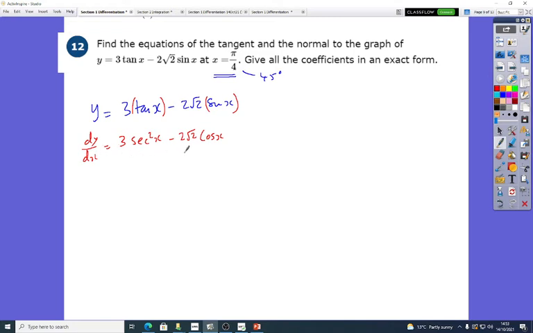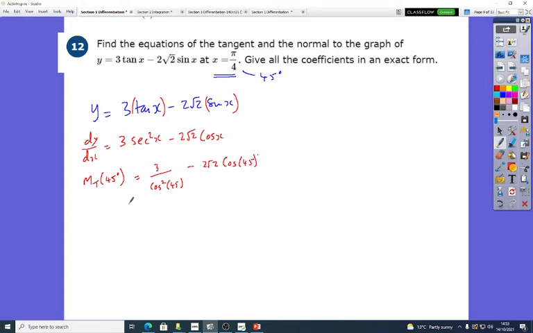Why do we differentiate that? This gives me the gradient at any point on that curve, which is the gradient of the tangent at that point. So if I want to know the gradient of the tangent when x is 45 degrees, that is the same as 3 over cos squared of 45 degrees, minus 2 root 2 times cos of 45 degrees.